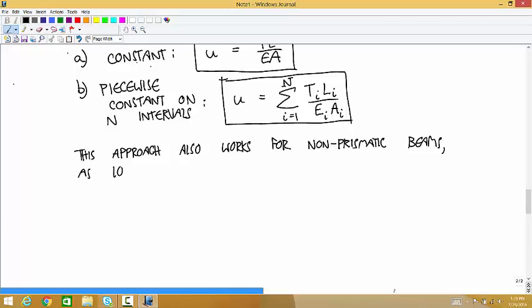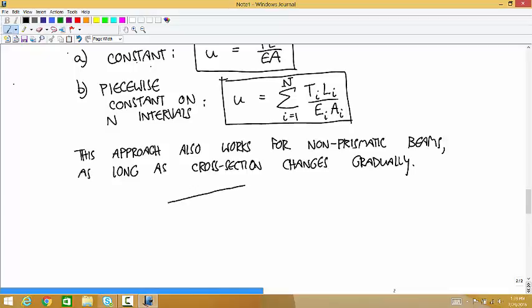So as long as the cross-section changes gradually, if you think of a beam where the cross-section is changing, you can think of that angle as representing how quickly it's changing.